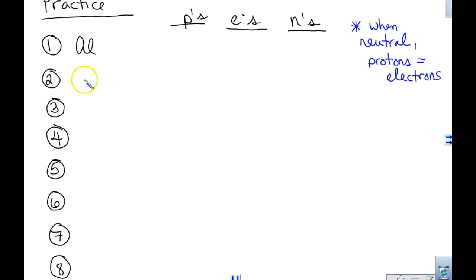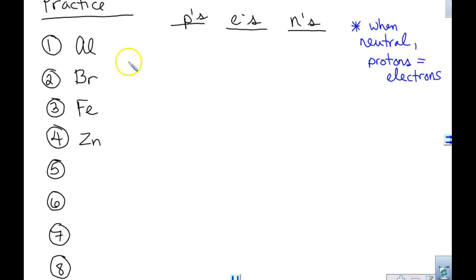Pick something, y'all. Bromine. Okay. Pick another one. Iron, okay. One more. Zinc. Alright. All metals.